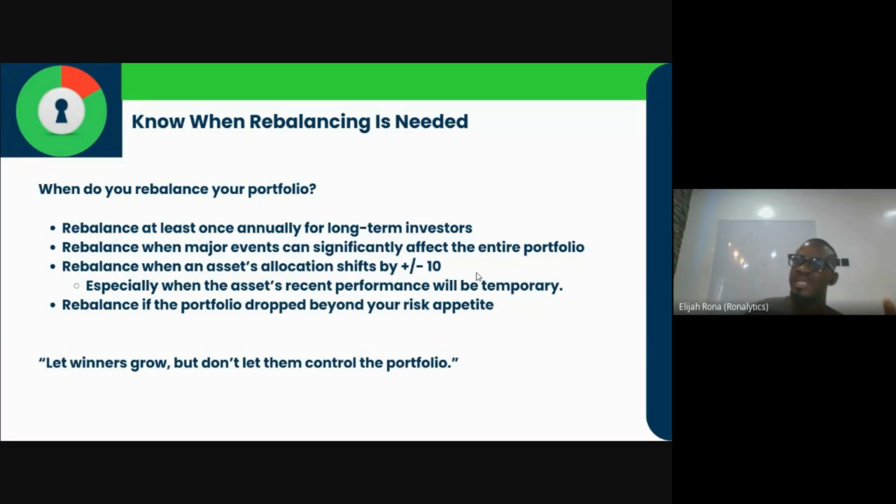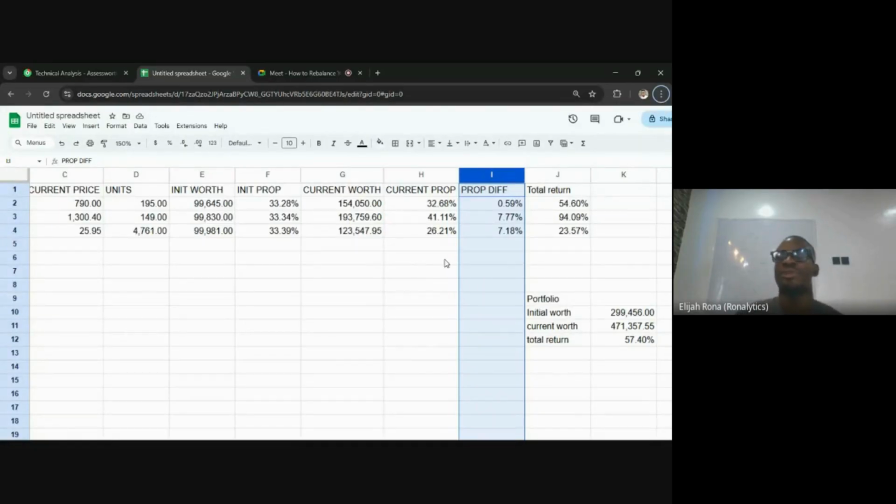So from the 33.3% that they all were, right, if one grows to over 43.3%, you know that one is telling you that you may need to rebalance the portfolio. Or if another one reduces to like 22 point something percent, you know that one has reduced.